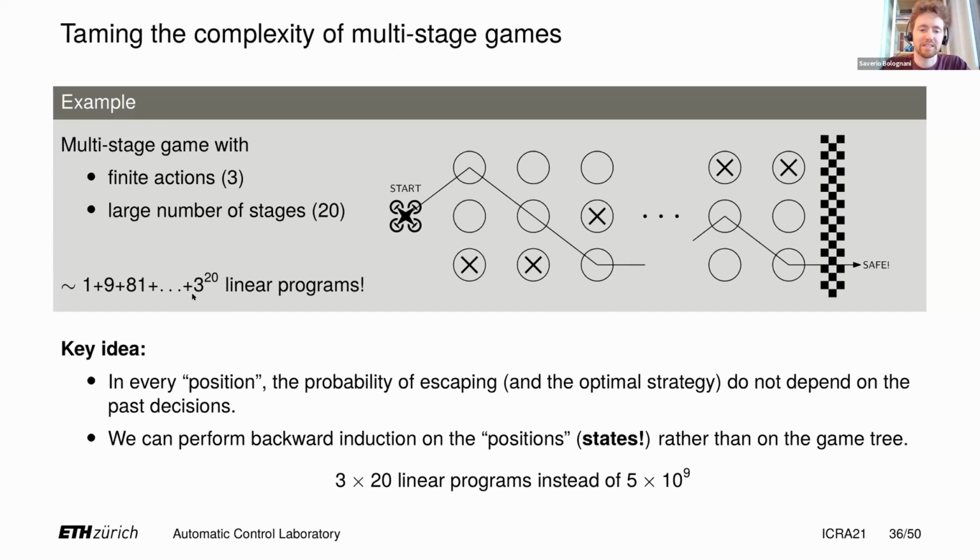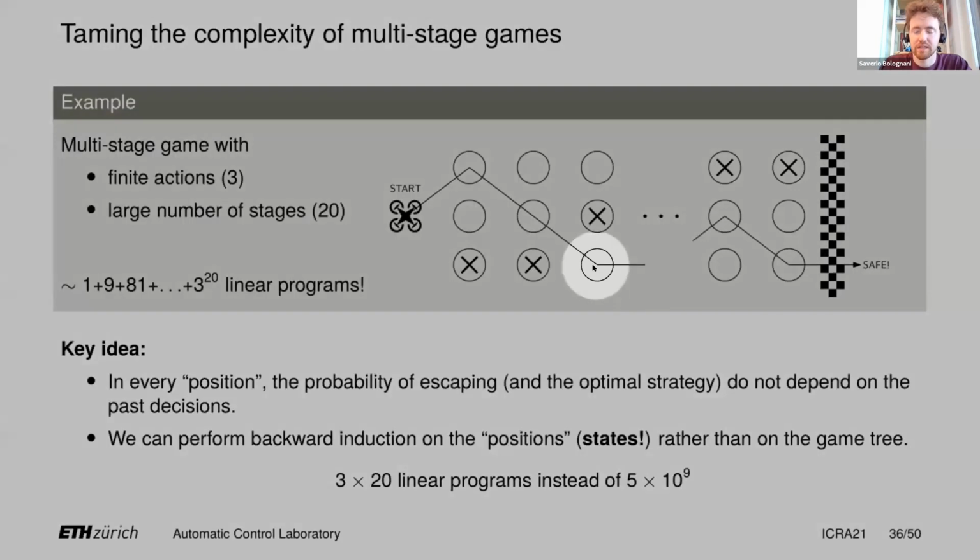Key observation here is that if you are at stage, I don't know, 3, in any given position here, the probability of escaping, and in general, the remaining part of the game, does not really depend on what happened before, right? So suppose that I'm here, player 1 is down here, player 2 has blocked the middle row, so it didn't block player 1.